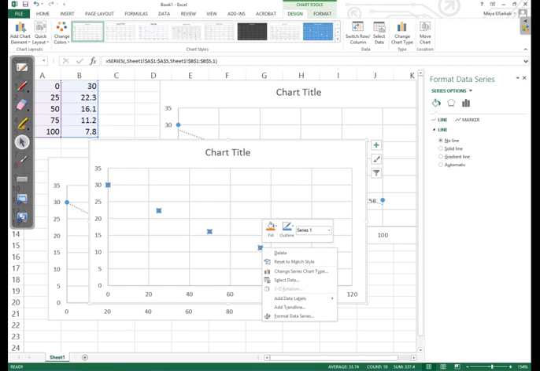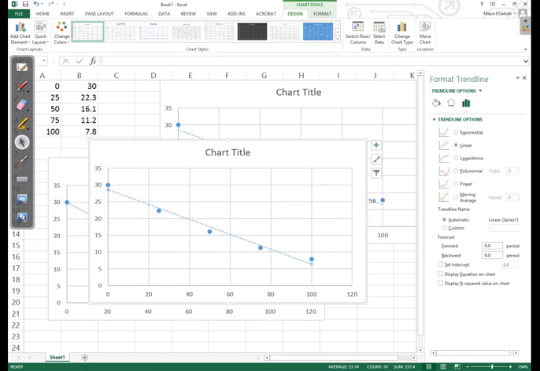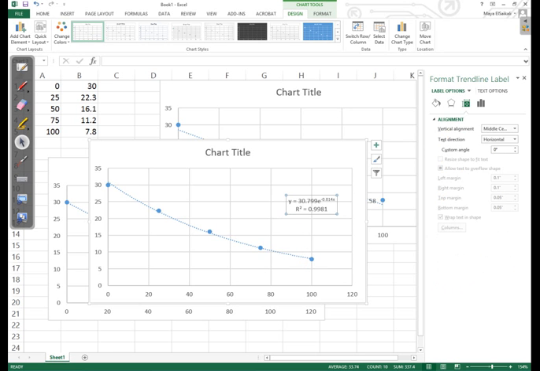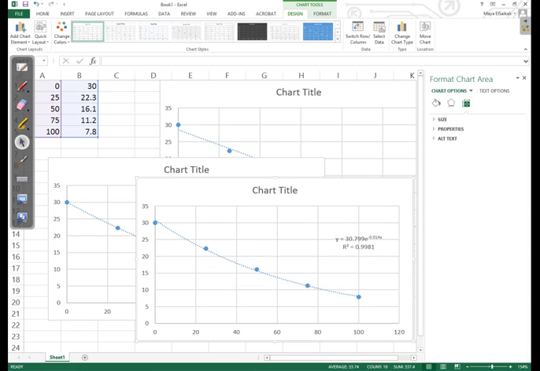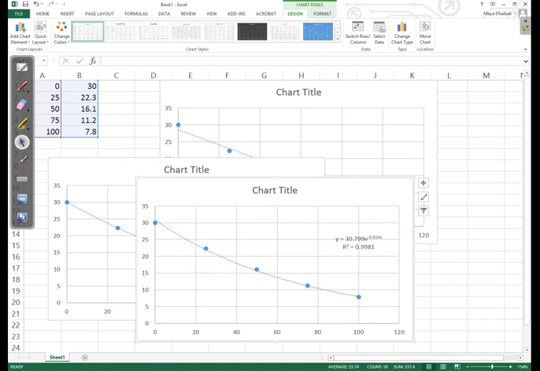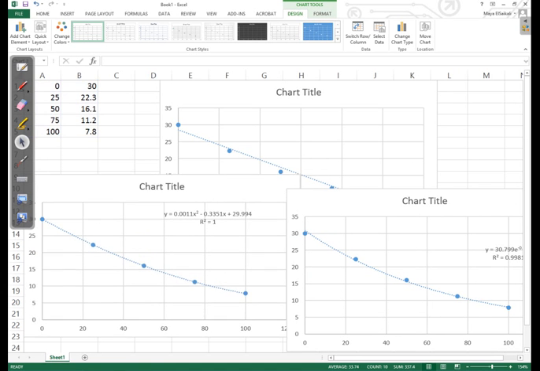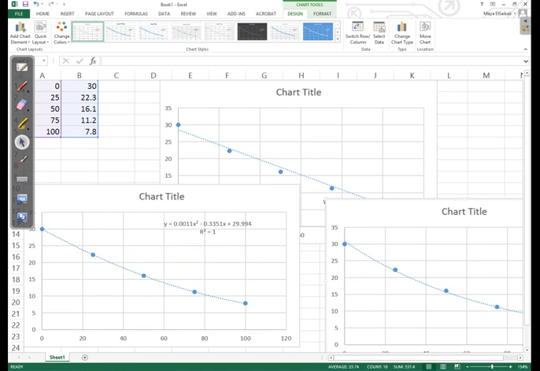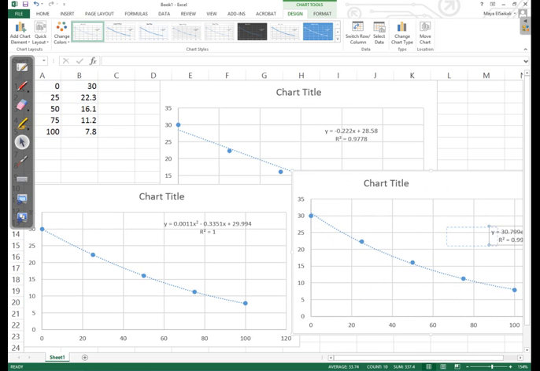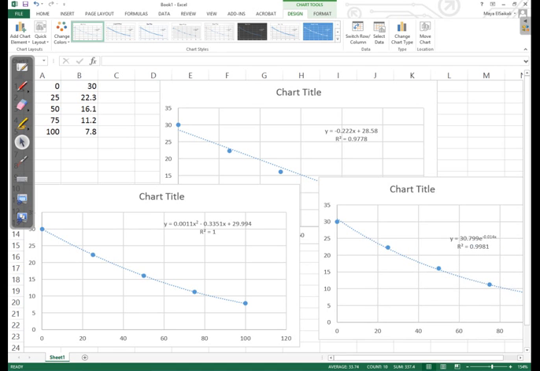Again, add trend line, pick the exponential, and ask it to display the R squared value. So you see here that I have the three R squared values and the three equations.